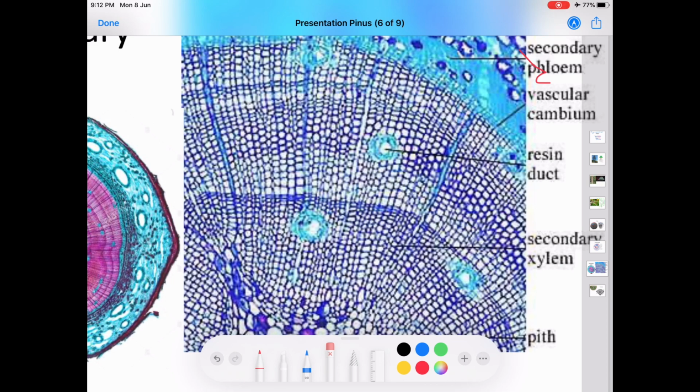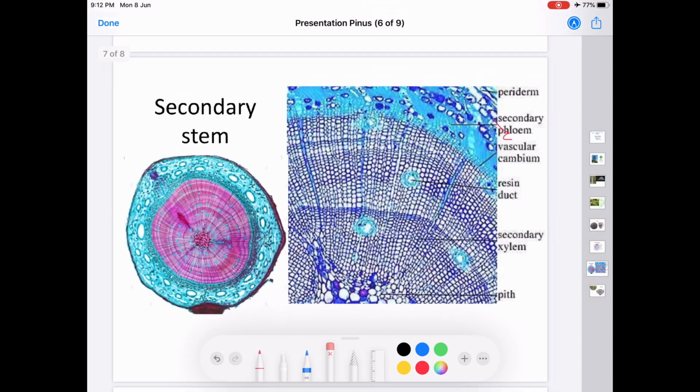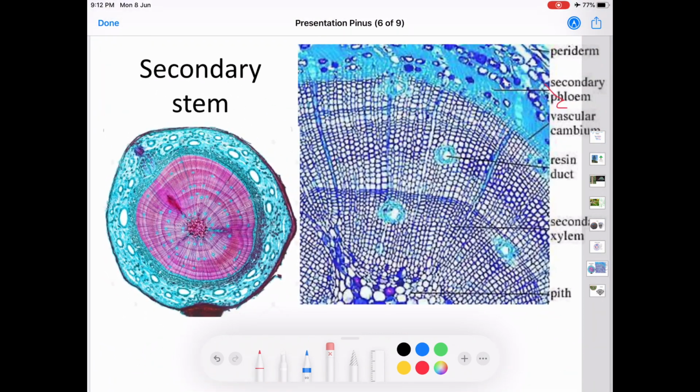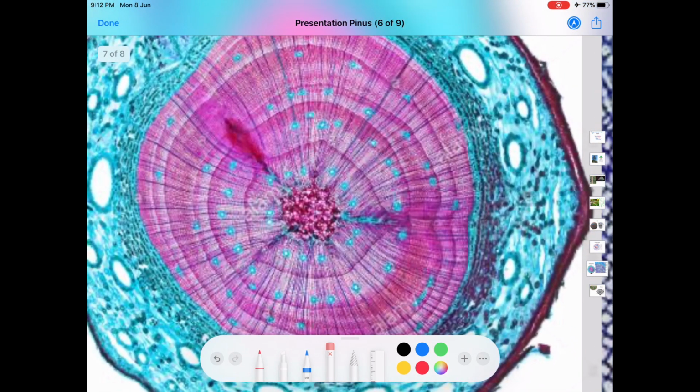The spring wood is formed during the spring season, and autumn wood is produced during the autumn season. This will be alternating with each other. And by counting this spring wood and autumn wood, you can count the age of a plant. So, this is known as the annual ring, and these annual rings can be clearly seen in the case of Pinus.